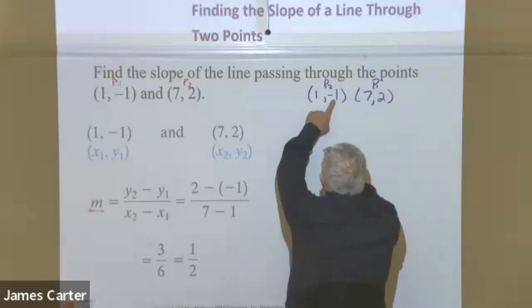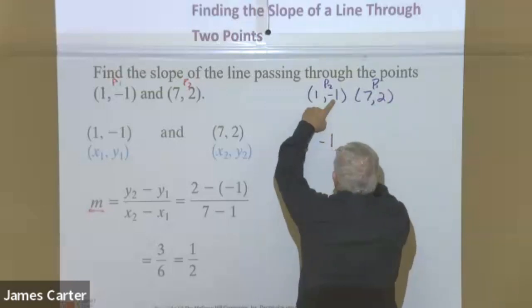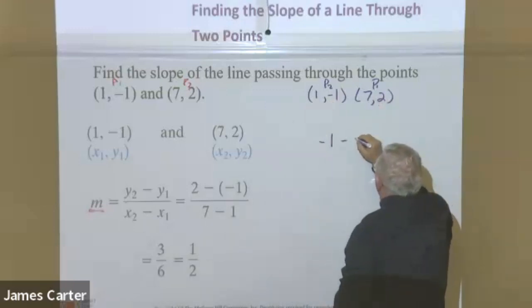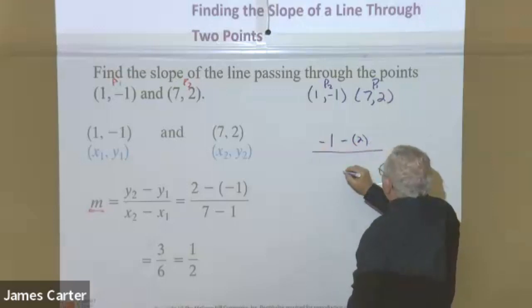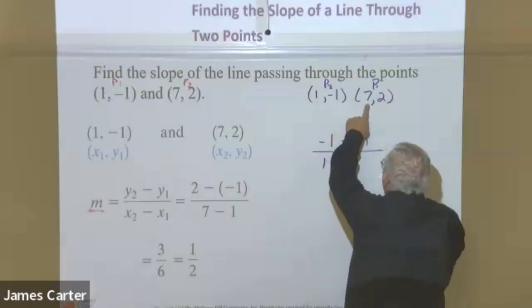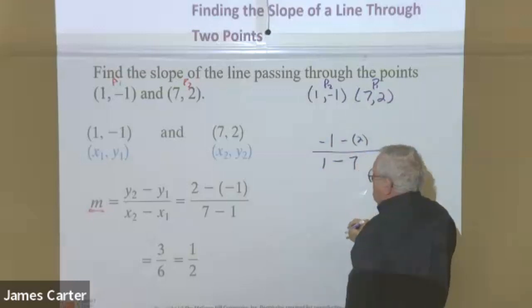I take the y value of point 2, -1, minus the y value of point 1, all over the x value minus the x value.